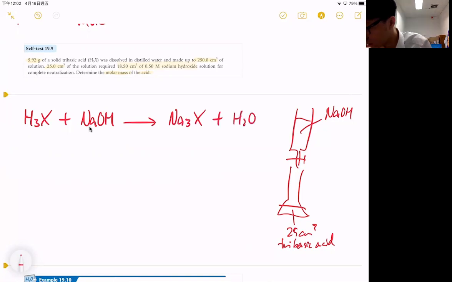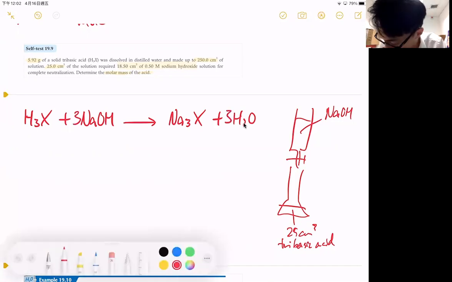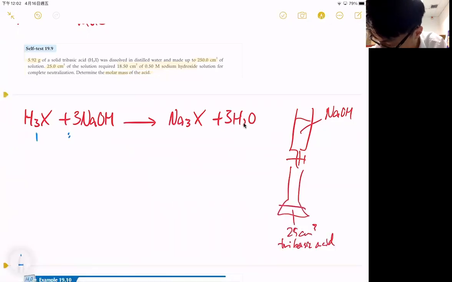What you need to do is balance the equation. Since we use 3 NaOH, there should be 3 Na on that side too. So the mole ratio between the acid and the sodium hydroxide will be 1 to 3, right?